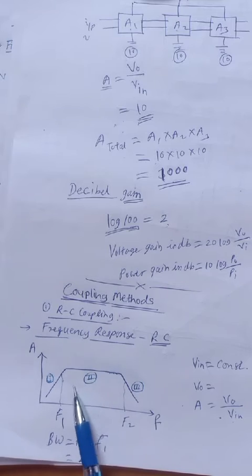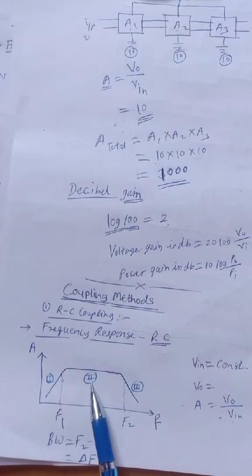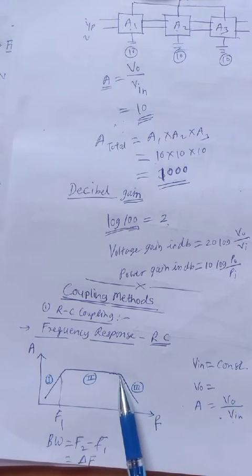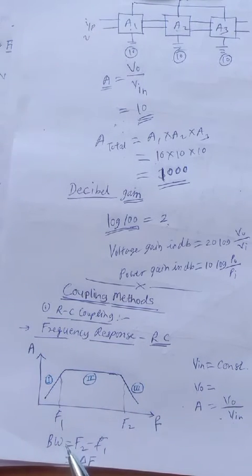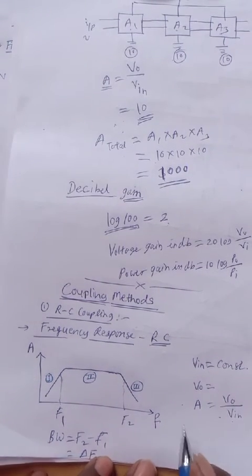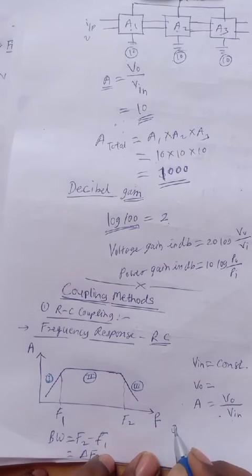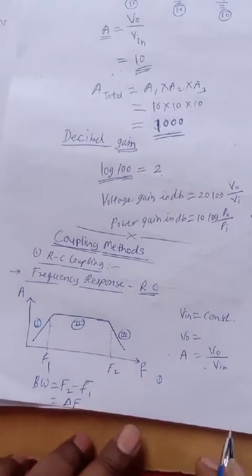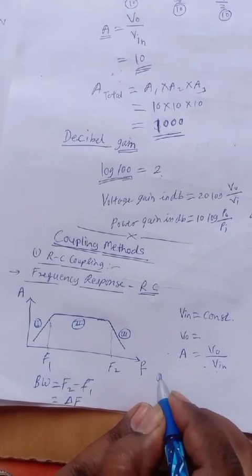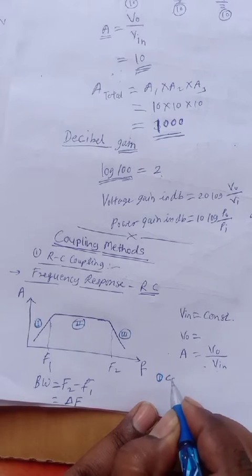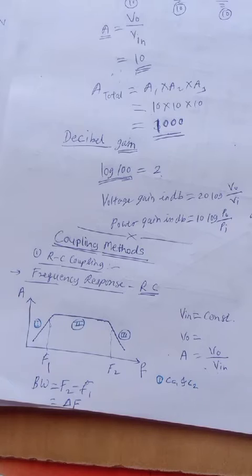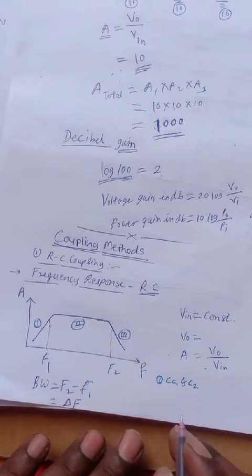In the second part, the gain becomes constant, near to maximum. Why does this happen? In the first part, as the frequency increases, the gain increases because of the coupling capacitors CC1 and CC2.